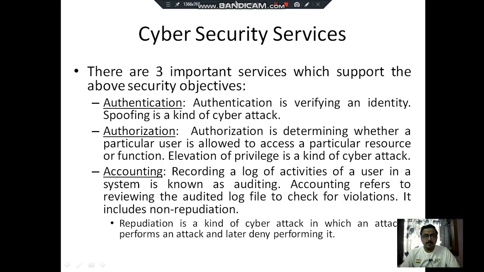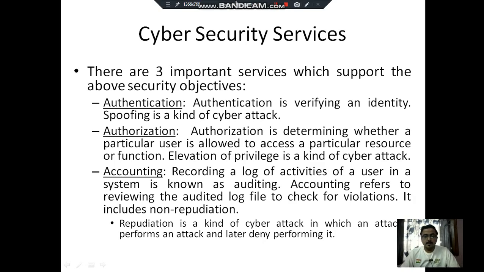The same thing is done in cyber security. So before giving the services, the authorization activity determines whether the user is allowed to access that particular resource.